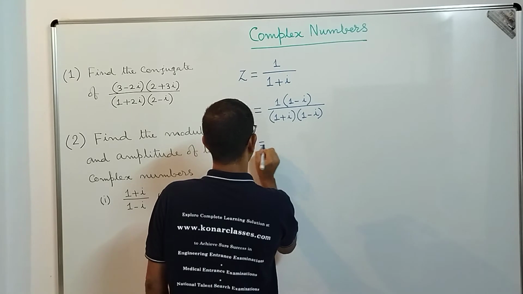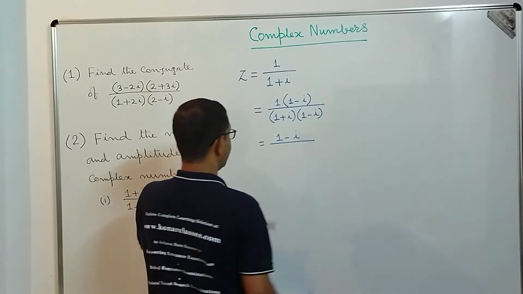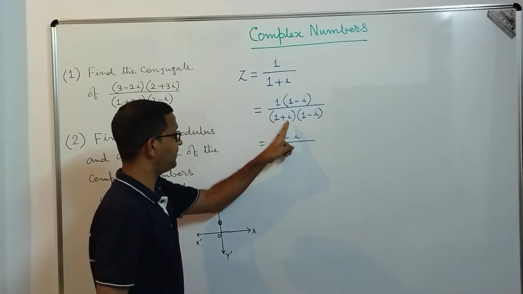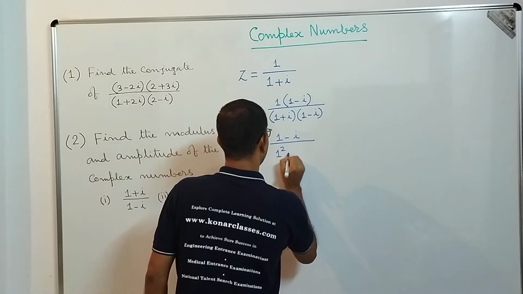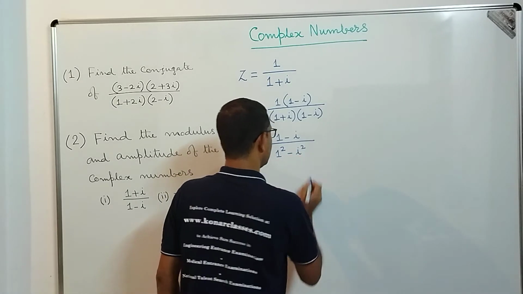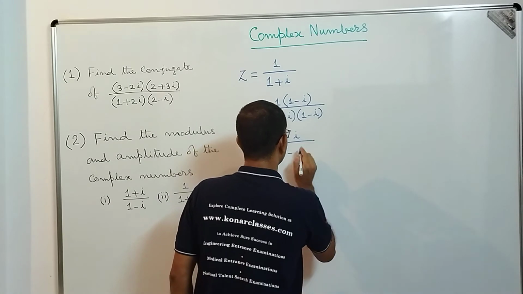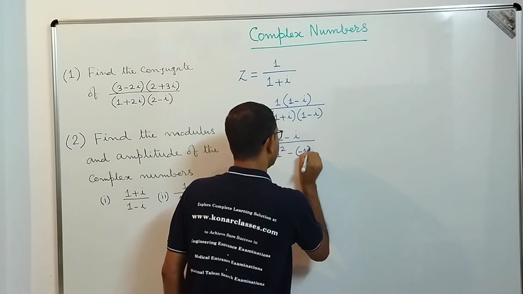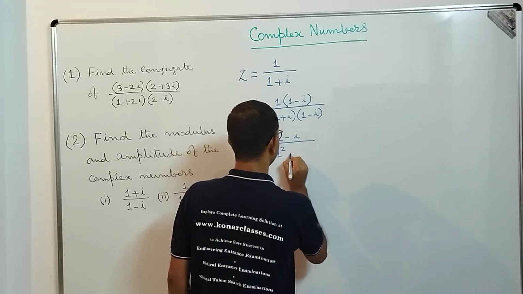So what do we get, dear students? In the numerator we get 1 minus i, and the denominator is in the form of a plus b into a minus b. That means a square minus i square. What is the value of i square? It is minus 1. So instead of i square we write minus 1. Now minus of minus 1 becomes plus 1.